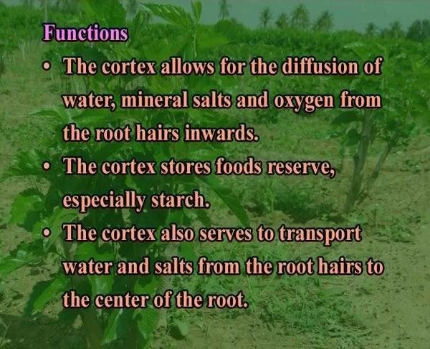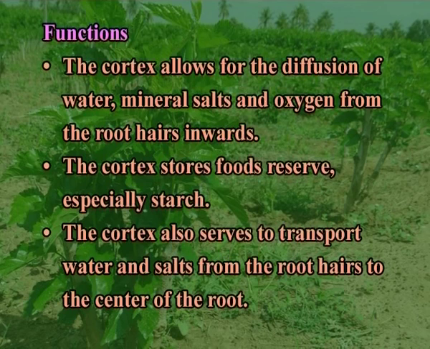The cells in the middle cortex are arranged loosely with a wider gap between them. The innermost layer is the inner cortex, where the cells are arranged compactly. Through these cells, the water and food absorbed by the root hairs enter into the stele. Functions: the cortex allows for the diffusion of water, mineral salts and oxygen from the root.